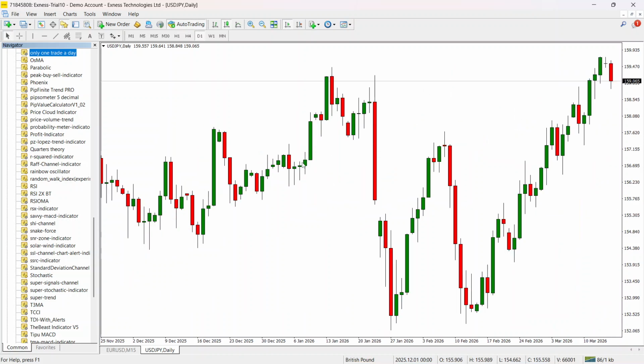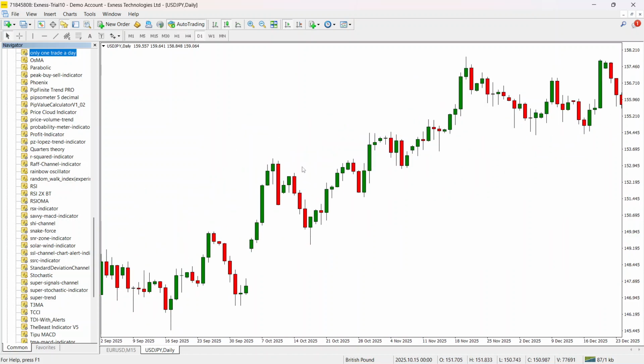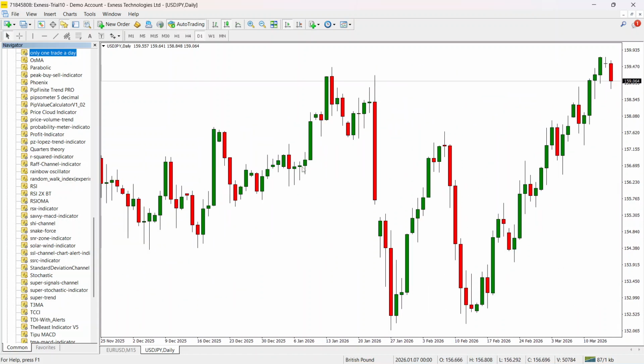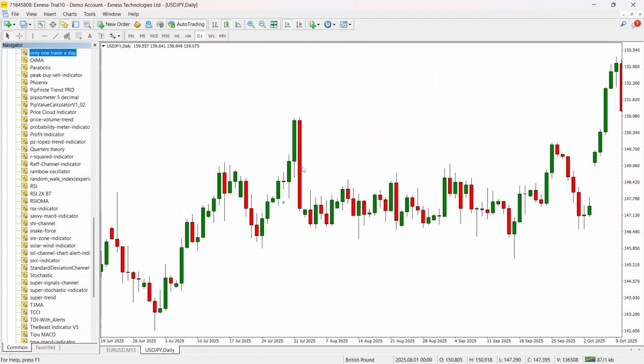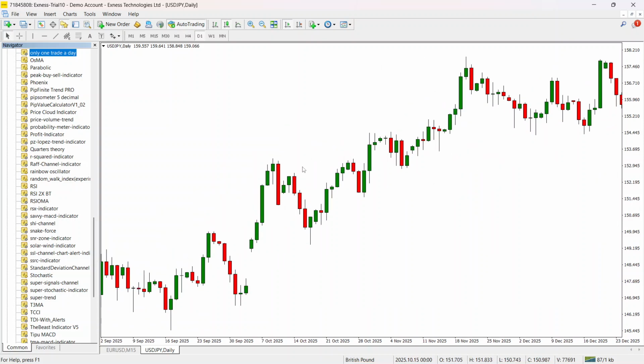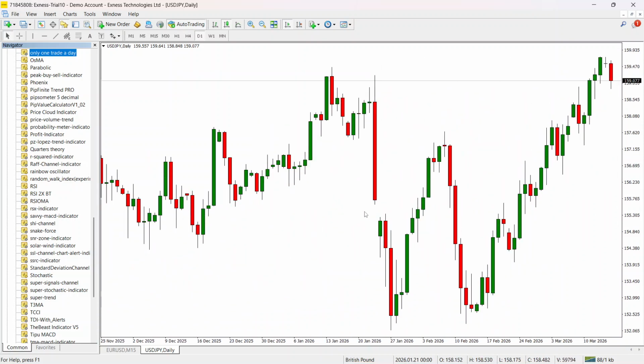On the MT4 chart, the only one trade a day indicator plots colored arrows directly above or below price candles to show potential trend direction for the day.